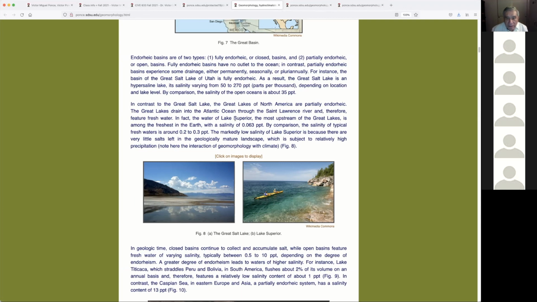Lake Superior, which is smack in the middle of the United States, has a salinity of 0.063, which is the cleanest that I have seen, and I believe it's been referred to as the cleanest lake in the United States. By comparison, the salinity of typical fresh waters is 2 to 3, 3 to 4 times as much. So why is Lake Superior very clean?